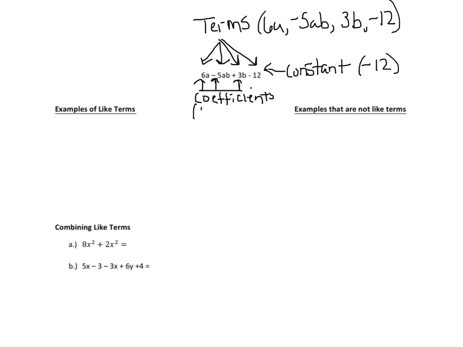So that is 6, -5, and 3. Again, you have to have that negative, and you'll see why in a couple minutes. Those are our coefficients.